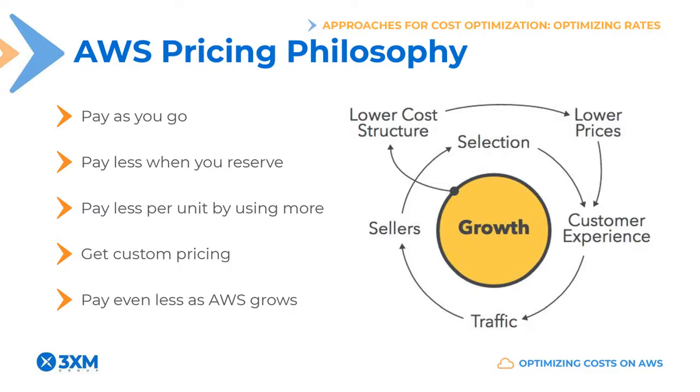So you can see if they can get you a better deal. And lastly, you can pay even less as AWS grows. This means that you can benefit directly from AWS's economies of scale, which eventually allow them to pass savings back to the customer in the form of price reduction. This virtuous cycle is depicted by the famous Amazon flywheel shown on the right-hand side.